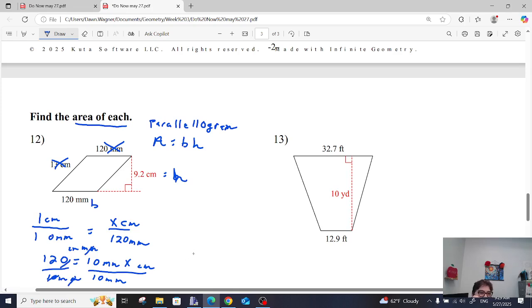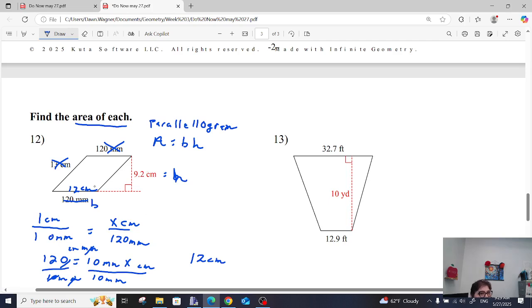You're left with 12 centimeters, right? So instead of 120, this is going to be 12, right? Any questions on that so far?